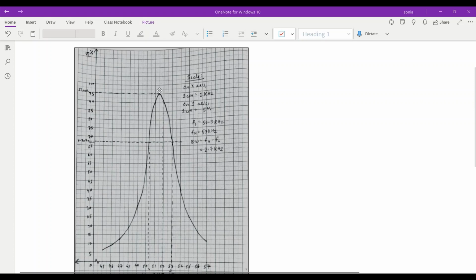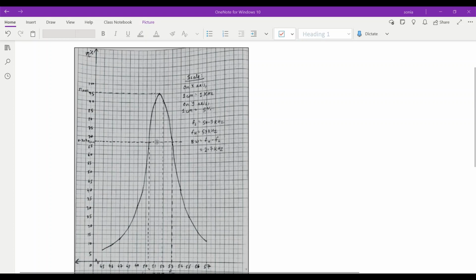From the maximum, multiply it by 0.707, which is 3 dB down. So 0.707 of the maximum value will cut the graph at 2 points.